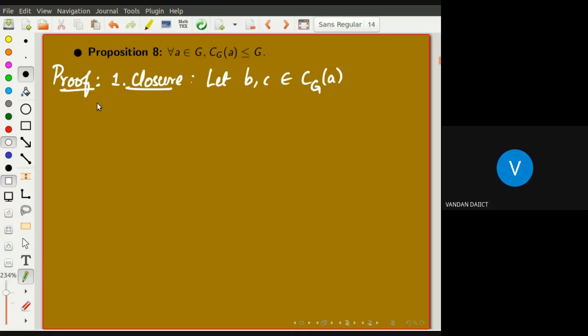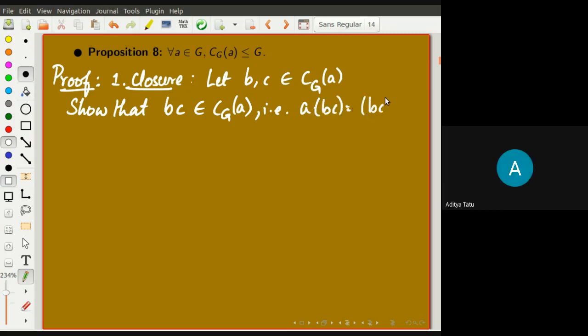B·C is in C_G(A). So what do I have to show in order to prove that BC is in C_G(A)? A·BC is equal to BC·A. Okay, how do I show that?